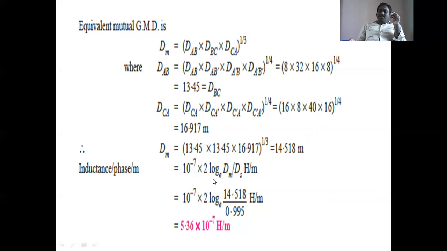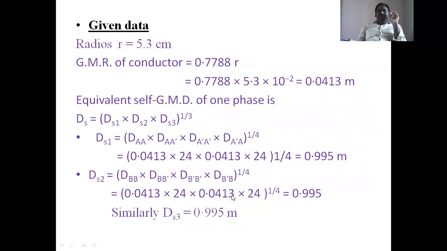Here a 1 by 4 term is also there, but due to the internal flux it was already neglected in previous cases, so we eliminated it. If we use 1 by 2, it is not at all a problem. For the three-phase single circuit line we can use it, no problem. At that time also we eliminated it, no problem. Here also it is no problem. So the inductance per phase per meter is 10 to the power of minus 7 into 2 ln DM by DS, where DM means mutual GMD and DS means self GMD. First we will calculate these two things.